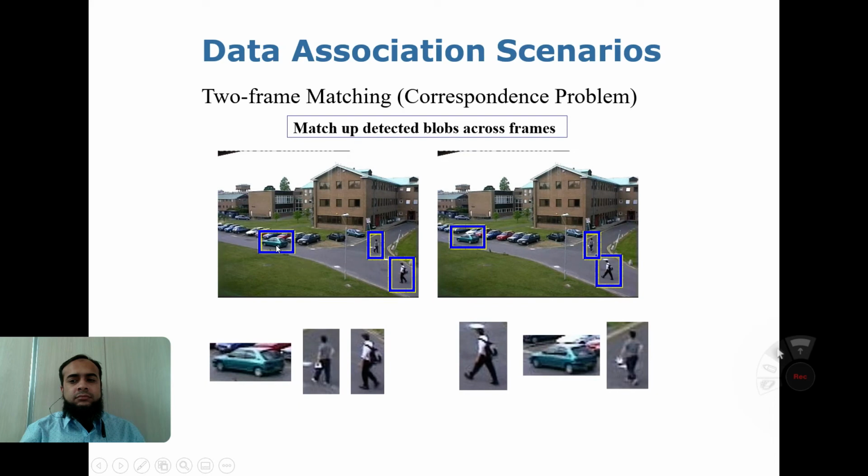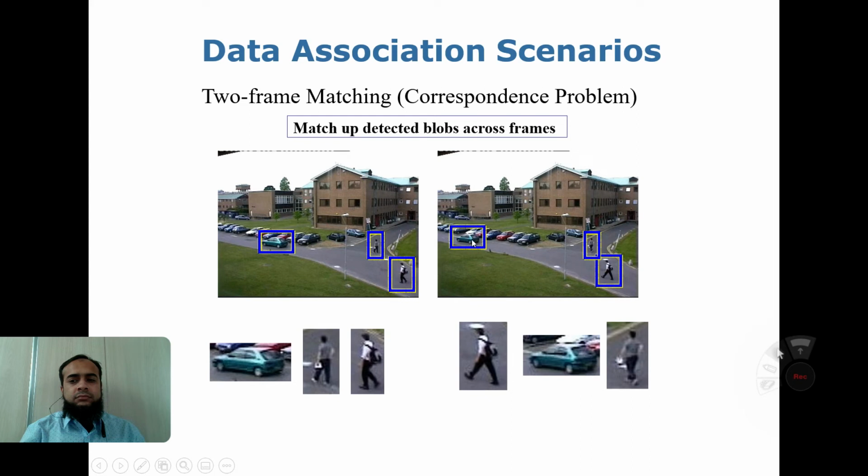And this is another example between two frames. Here is a car, here's the car, the same car. For example, the features, color, size, weight are the same in here, and there are other cars as well. But if we are trying to track this car, this car should be the same in both frames.